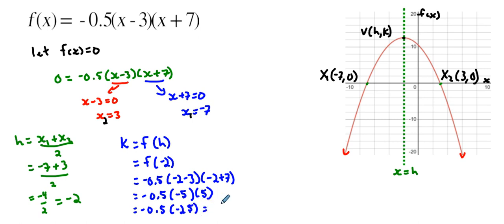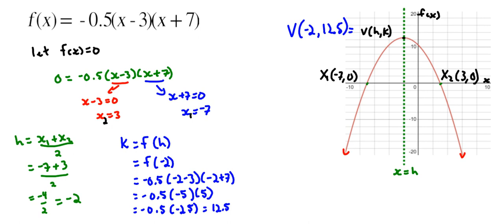This is going to be positive because of the two negatives, and this will be 12.5. We could leave this as a fraction as well, but to three significant figures, it's still an exact value. So now I know the coordinate of my vertex. We've solved it. We know that the vertex here is negative 2, comma 12.5. And we used the symmetry of a parabola to do it.